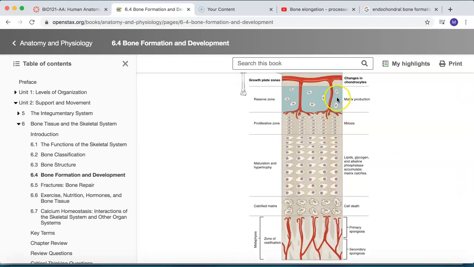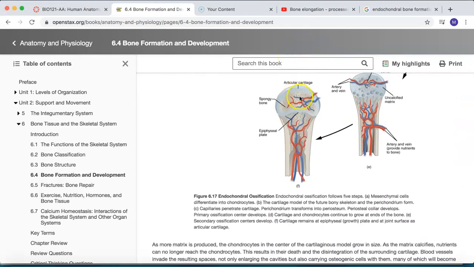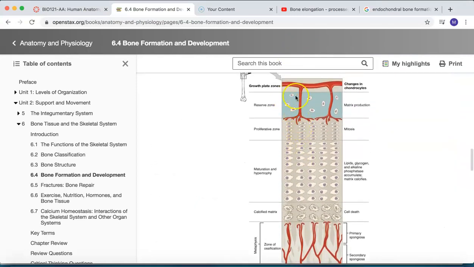You're going to have this cartilaginous reserve area. These are just chondrocytes and hyaline cartilage that's linked tightly to the ossified material above. So if you look in the epiphysis, the secondary ossification center is made now entirely of bone. That reserve tissue is tightly attached to that spongy bone in the epiphysis.